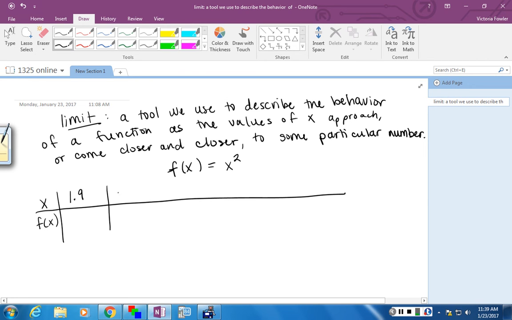So I can try like 1.99. That's even closer to 2. And perhaps I want to get even closer, and you can see I just continue here to add on. And then we can have what actually happens to the function when x equals 2. And perhaps I should change some color here.